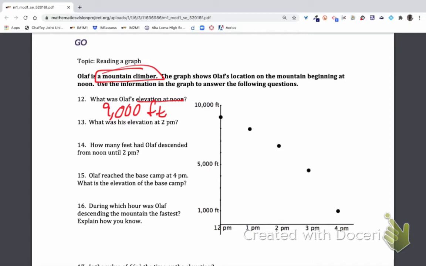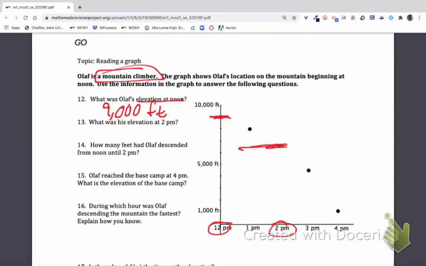So that's at 12 o'clock. But what about at 2 o'clock? So we start at noon and we got to go to 2 o'clock here. So we're starting at 9,000 and we end somewhere along there. And I know that it's not a perfectly straight line.